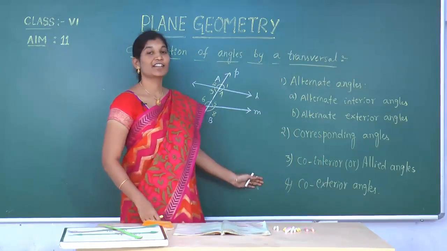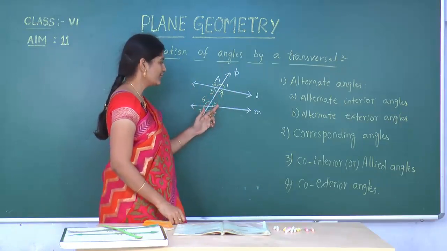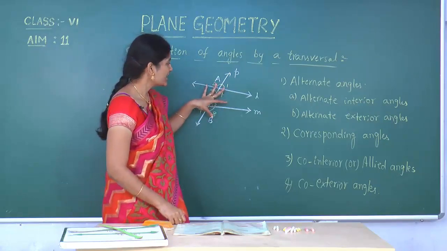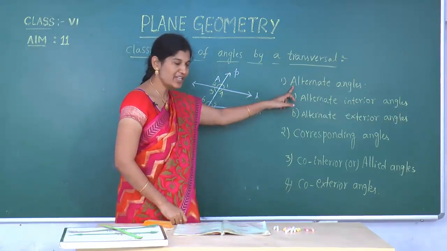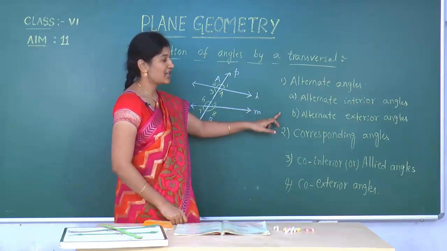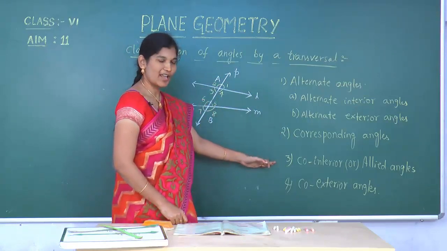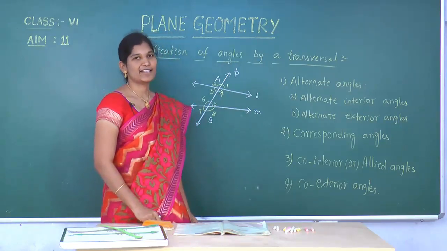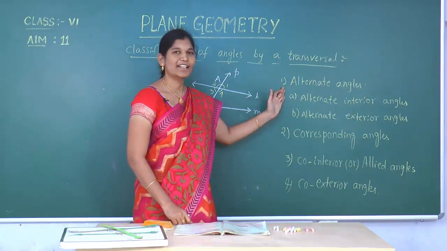These are the classification of angles, and here are angles 1, 2, 3, 4, 5, 6, 7 and 8. How can we classify these 8 angles? Among them, what are alternate interior angles, what are alternate exterior angles, what are corresponding angles, what are co-interior or allied angles, and what are co-exterior angles? First of all, let me discuss alternate angles.